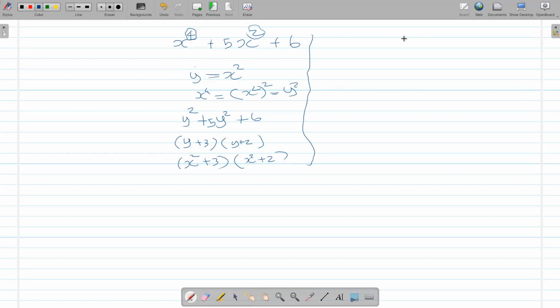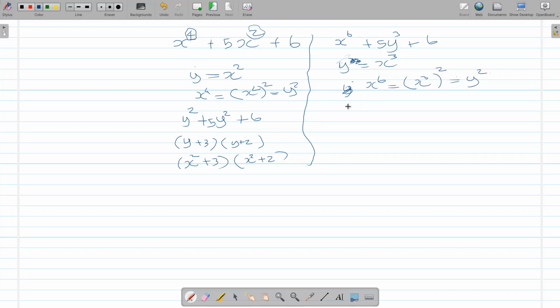Okay, so now what we do, this can work anywhere. For example, let's say x to the 6 plus 5x cubed plus 6. Still I can do this. I can say x cubed is y. Then x to the 6 is equal to what? x cubed squared, that is y squared.